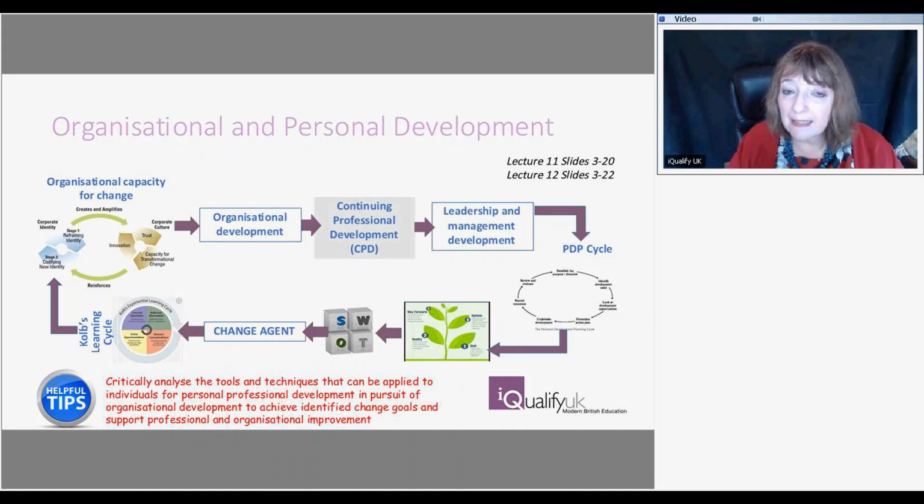And so the next area for consideration was continuing professional development, which was actually session 12, although some of this comes earlier into session 11.